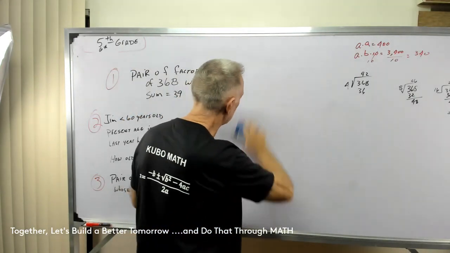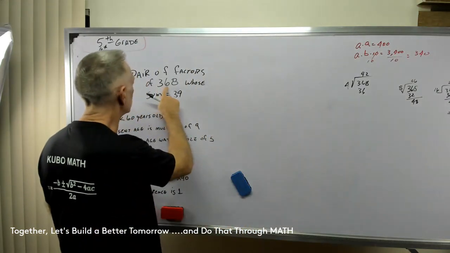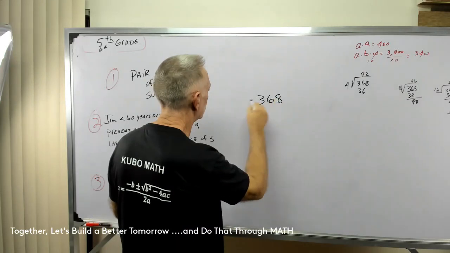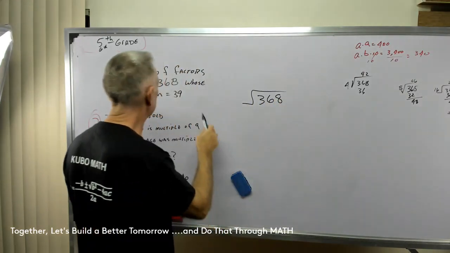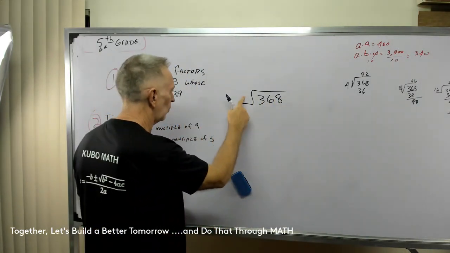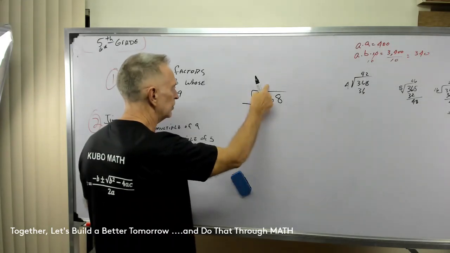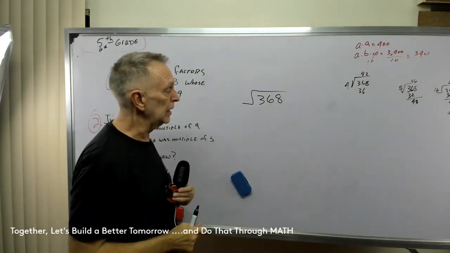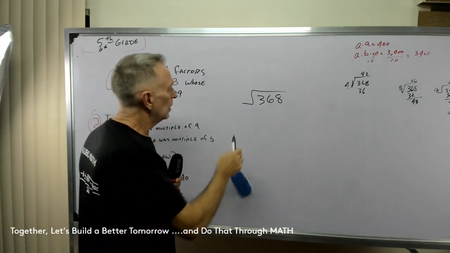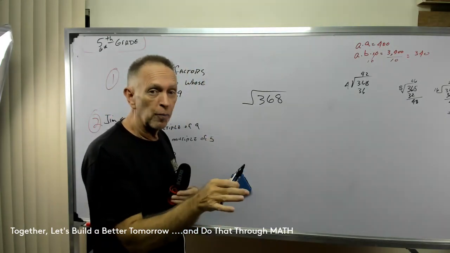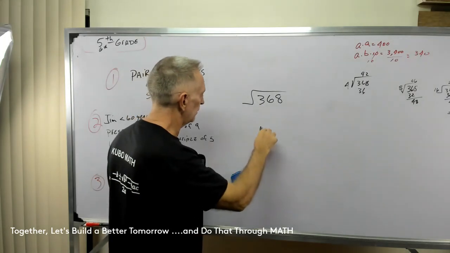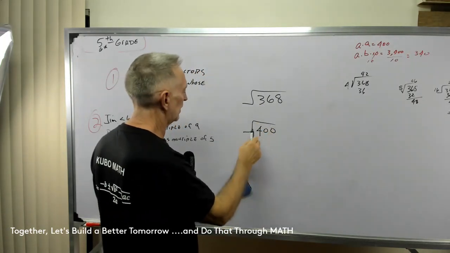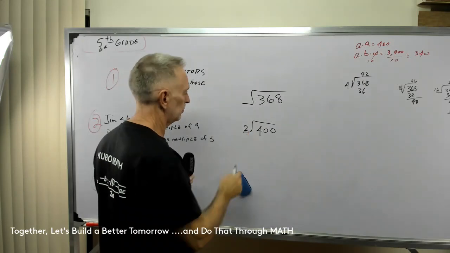So that said, they're asking us for the factors of 368. So I'm going to take 368 and divide it by something. And whatever I divide it by plus my answer needs to be 39. Let's assume for a moment this is 400, and I'm dividing that by 2.